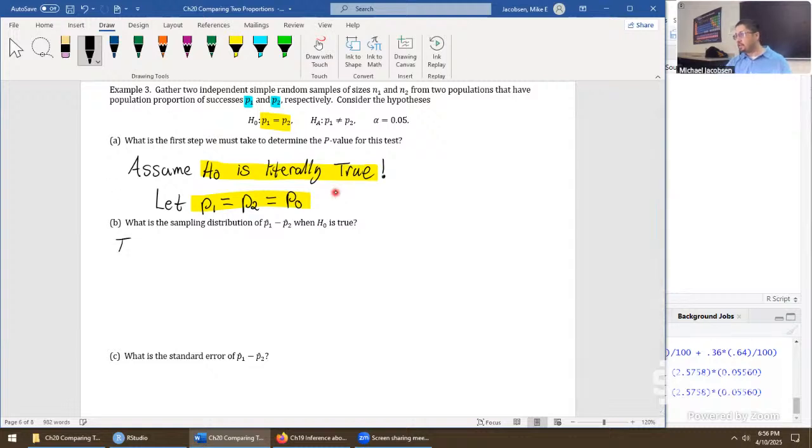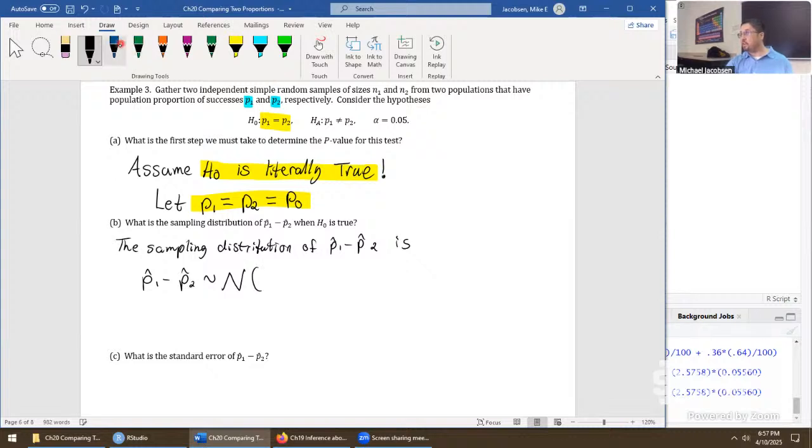Okay, let's say here, the sampling distribution of P hat 1 minus P hat 2 is approximately normal, with parameter P1 minus P2 for the center, and for the spread, it's going to be the square root of P1 times 1 minus P1 divided by N1, plus, let me back off a bit, there we go, P2 times 1 minus P2 divided by N2.